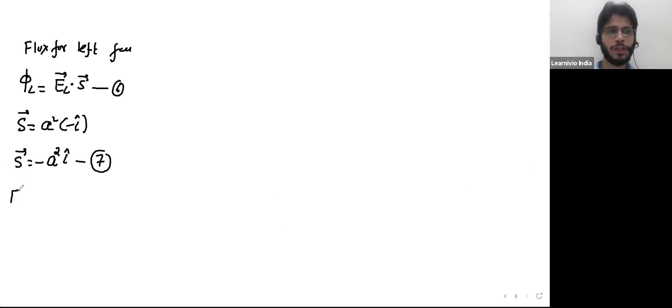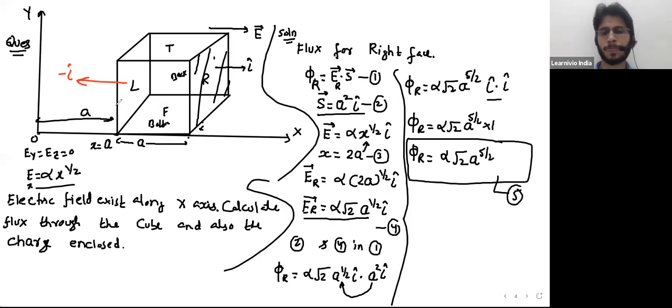Next, let's calculate the field. The electric field is alpha x to the power half. Ahmed, what is the x coordinate of the left face? A. Yes, see, this is the left face. The x coordinate of the left face is x equal to a only.